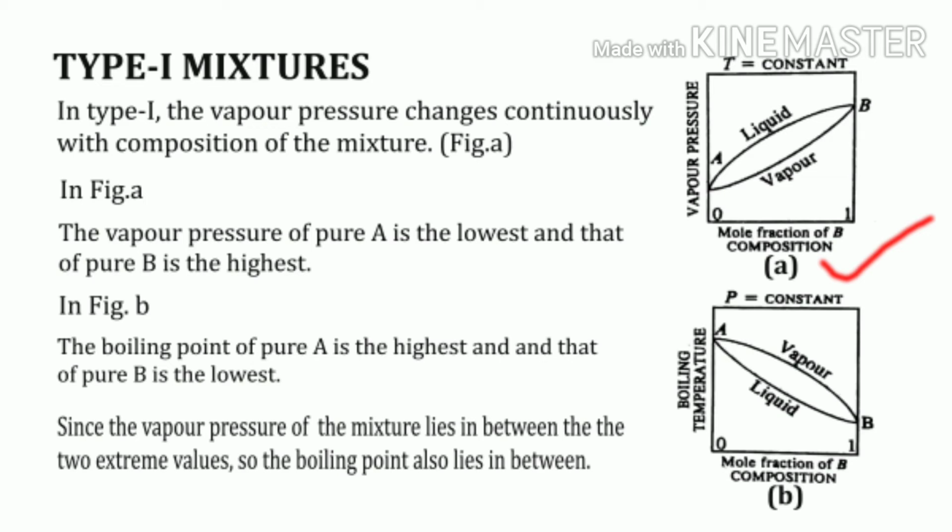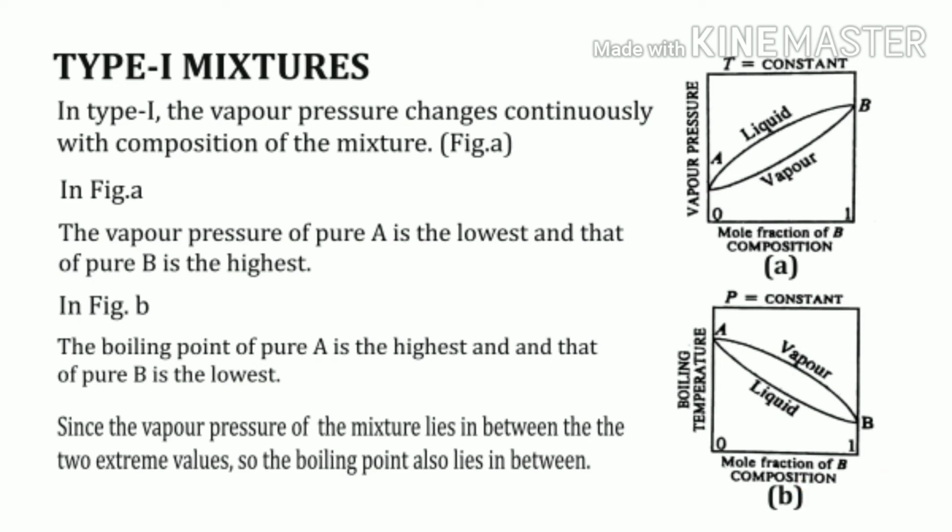So in this figure, the vapor pressure of pure A is the lowest and that of pure B is the highest. But as shown in figure B, the boiling point of pure A is highest and the boiling point of pure B is the lowest, because already we have seen that if the vapor pressure is low, then the boiling point is high and vice versa.